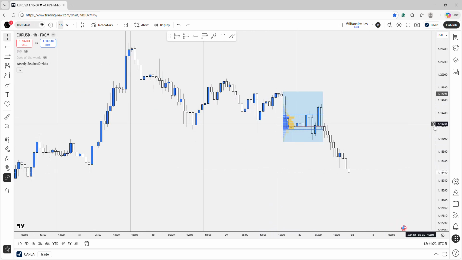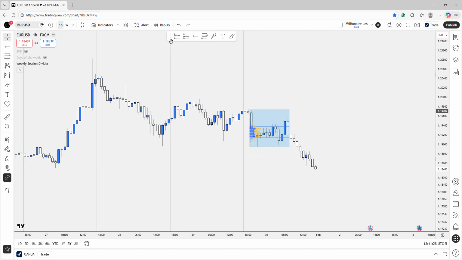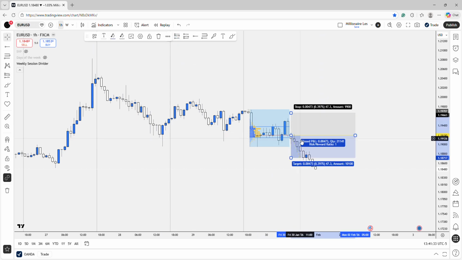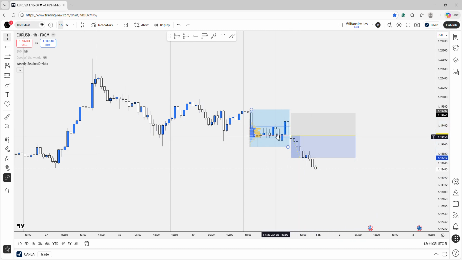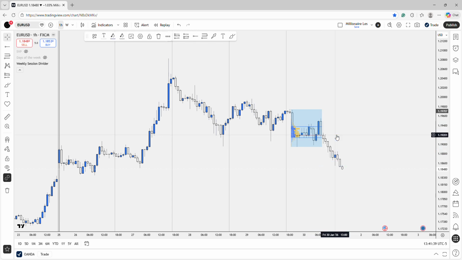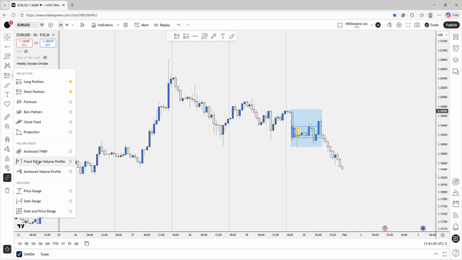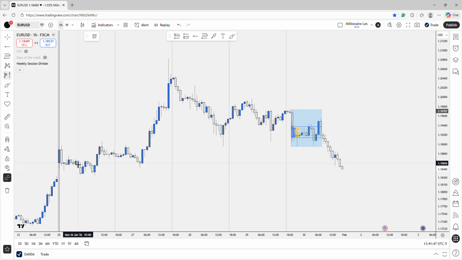It consolidated in this area, and then the why is price closed below the POC, showing seller's acceptance. So after the consolidation, you would have had two potential opportunities to enter into this trade for sells to wherever your target point is. So the fixed range volume profile, like I said, gives you the nitty gritty, the why the volume happened.